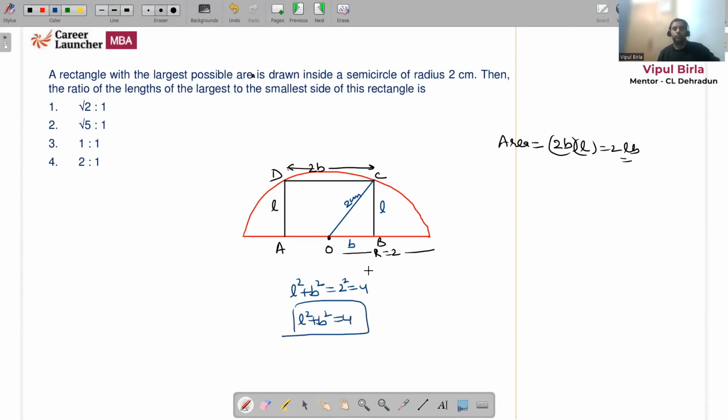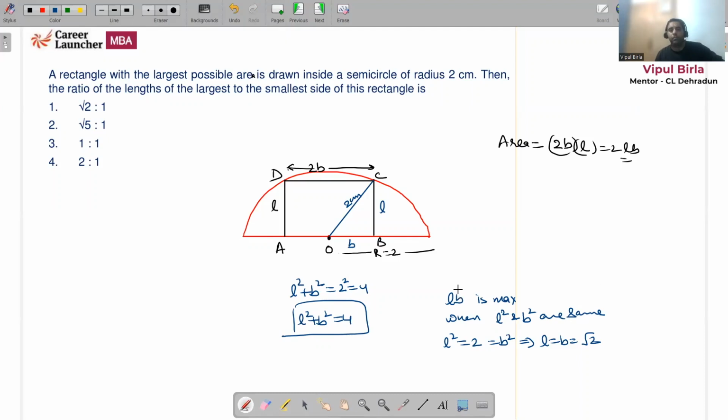That is there. And using AM greater than or equal to GM, we can straight away say that L into B is maximum when both L square and B square are the same. So L square equals 2 is equal to B square, which implies L equals B equals root 2.